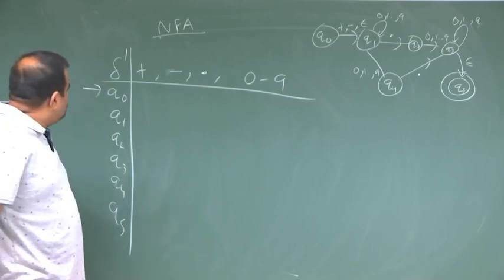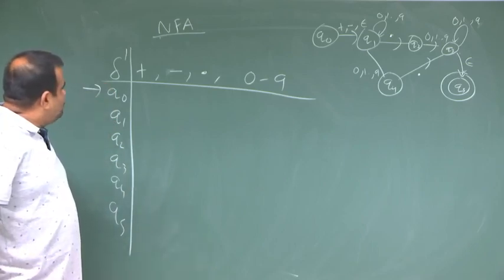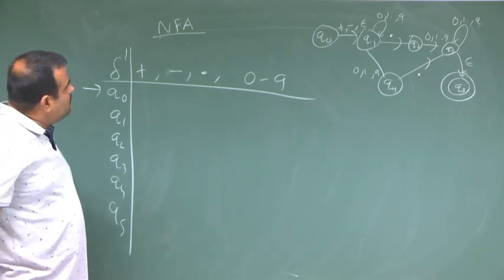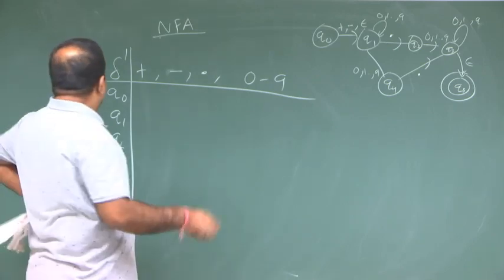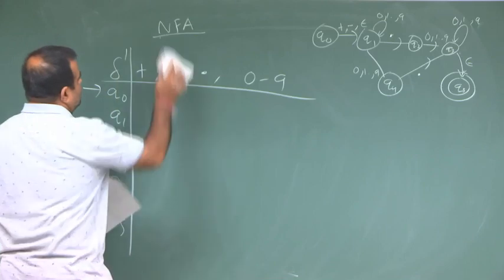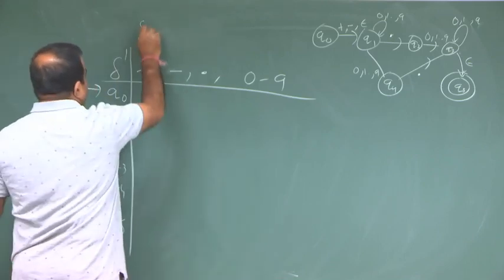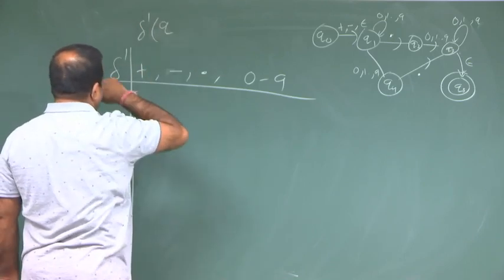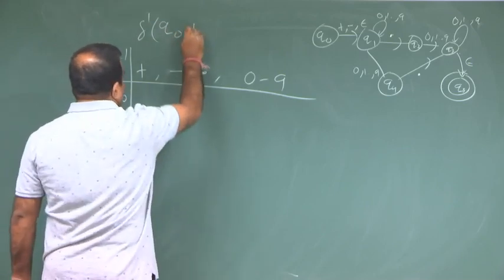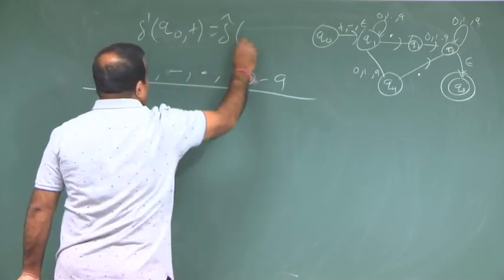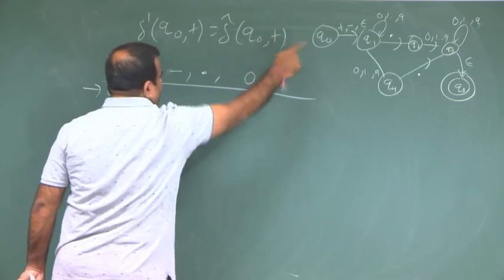Now, from q0 with plus, where can we go? Delta of q0 plus is nothing but delta hat of q0 plus, we need to find out there.